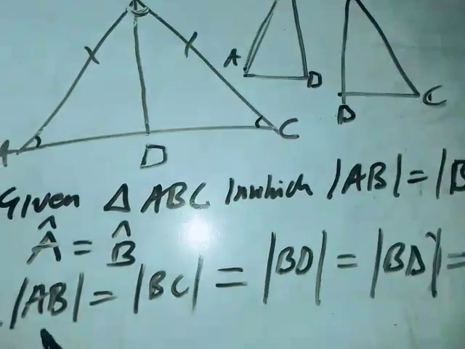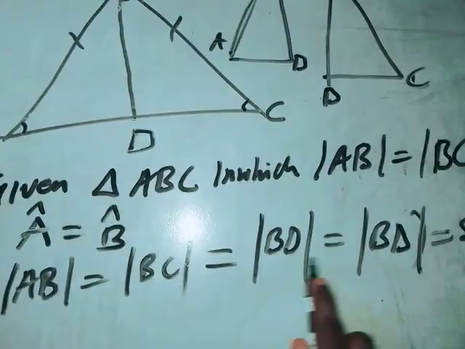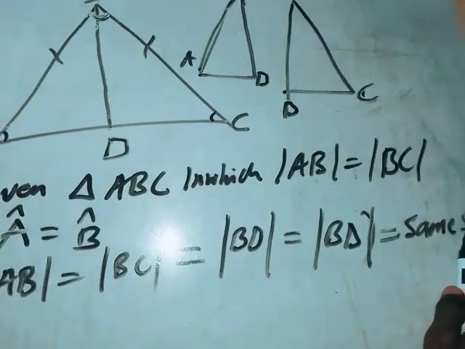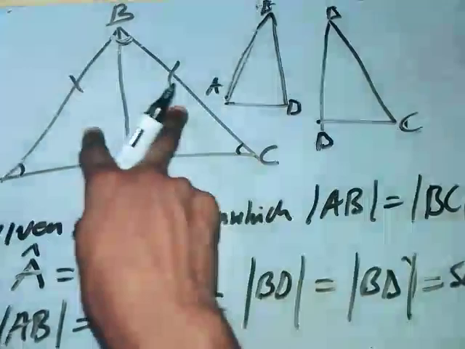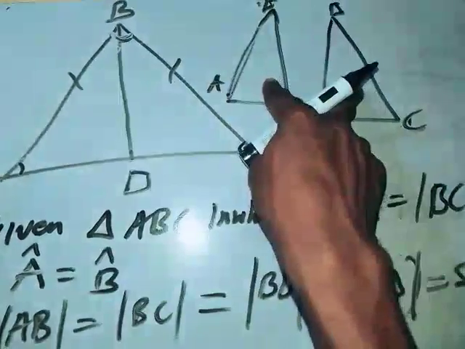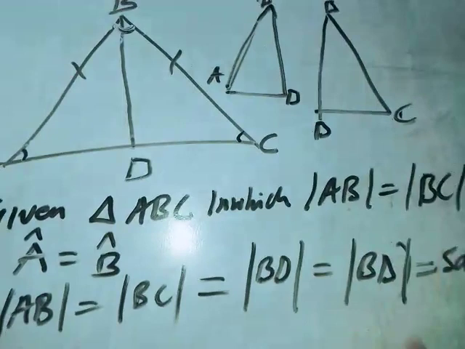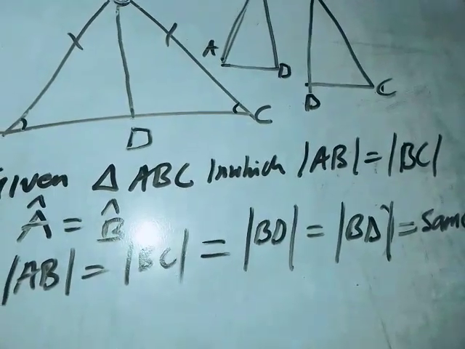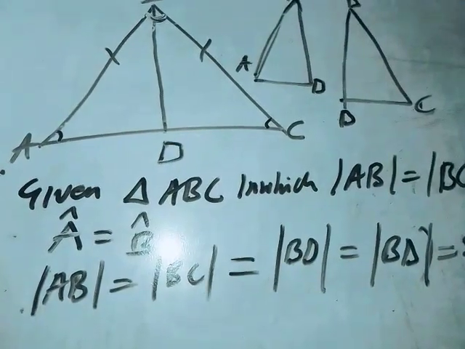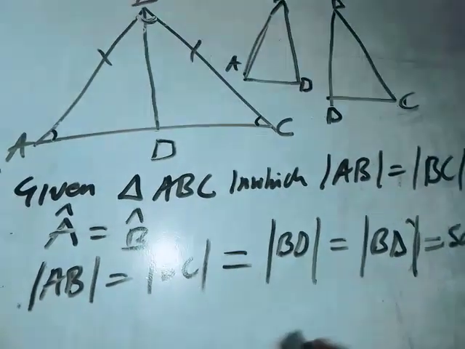So I can say this is equal to BD because they are the same size, if and only if I divide this isosceles triangle into two equal parts, which is a right triangle. Hope you are following me up to this point.